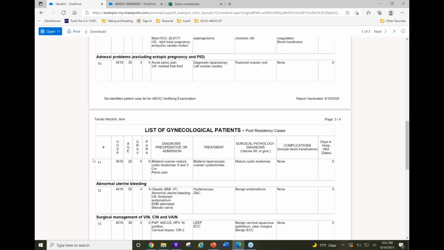What was your most important priority when you were planning her surgery? So of course, safety is first. She did not have any history of abdominal or pelvic surgeries, so I was not concerned about adhesions or anything that would make the surgery difficult.